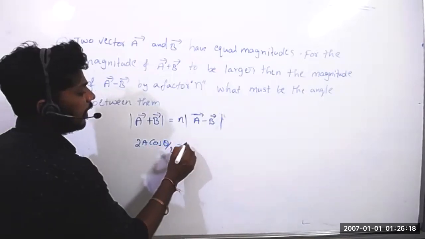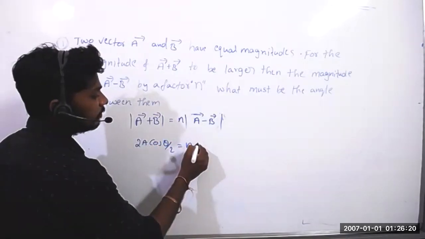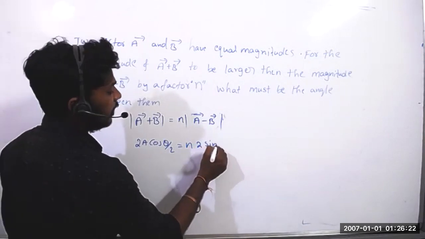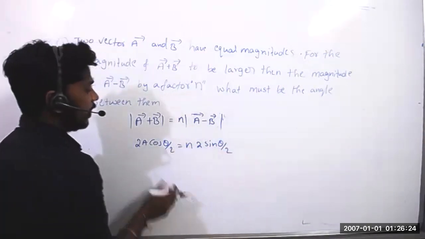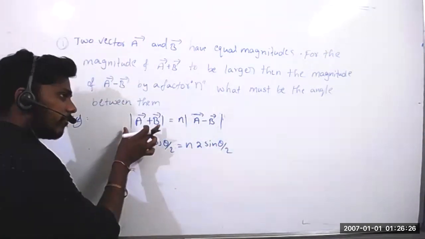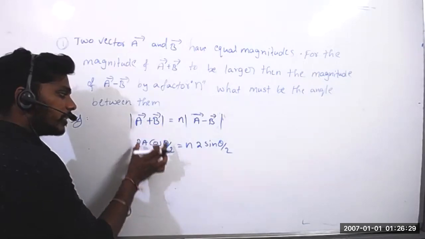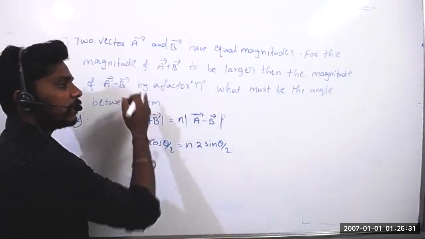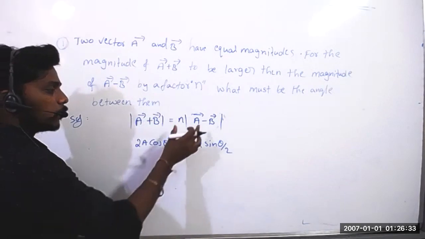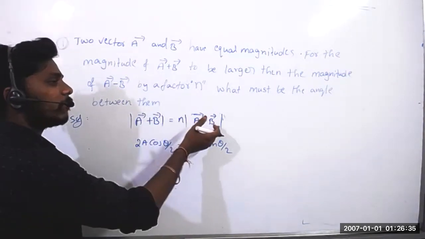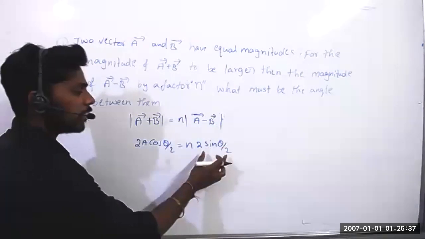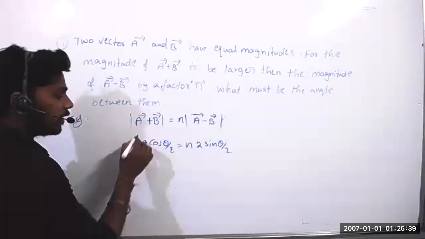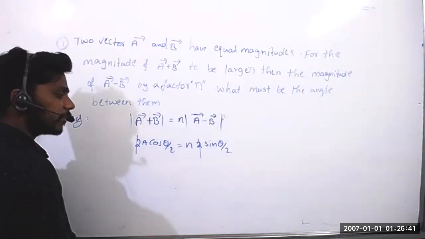Very good. And into how much? 2a sin theta by 2. Very good. When two vectors have equal magnitude, this is the resultant that we learned in the previous topic. When you are subtracting, you will get this resultant. Now here, come on.